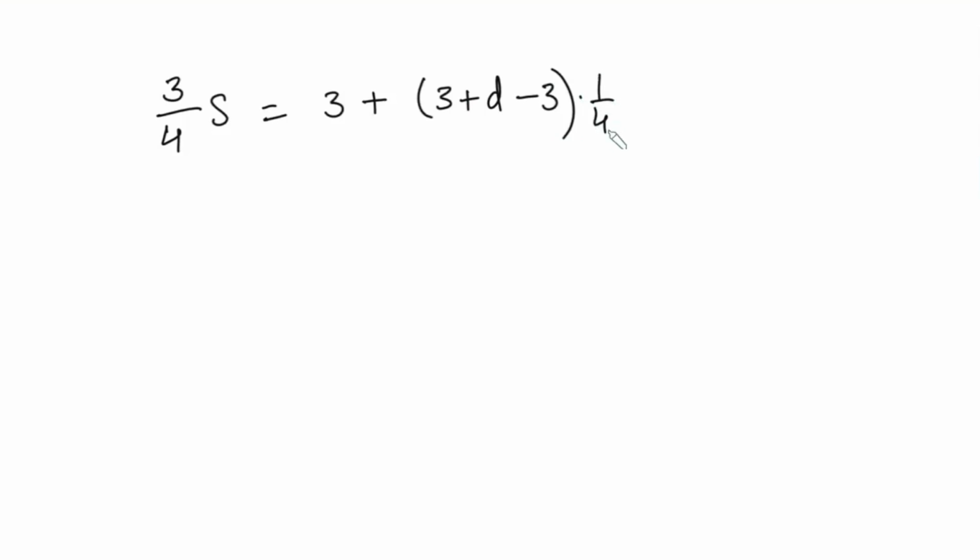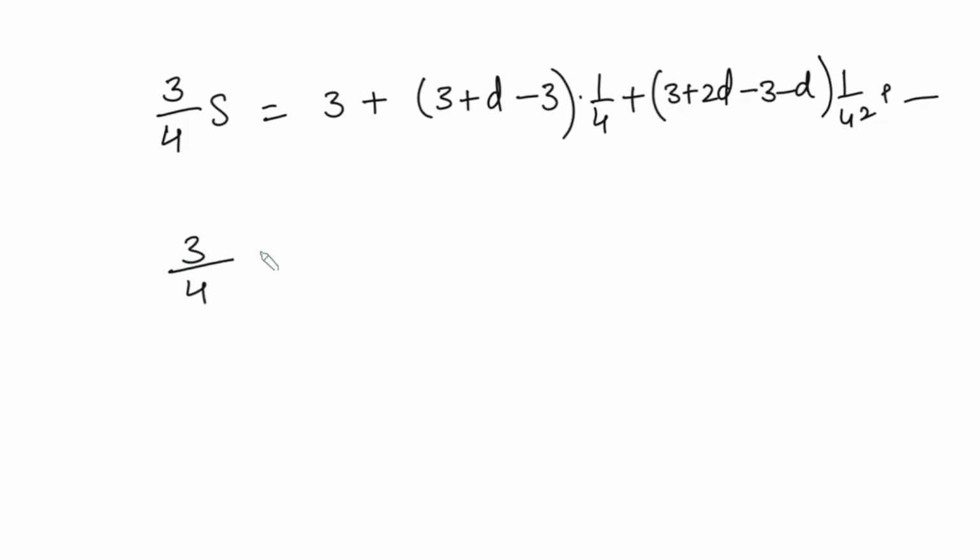So subtracting these two, we get 3 over 4 times S is equal to 3 plus, so it was 3 plus d minus 3 times 1 over 4 plus 3 plus 2d minus 3 minus d times 1 over 4 squared, and so on up to infinity.